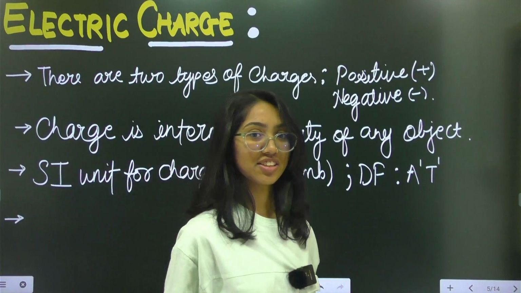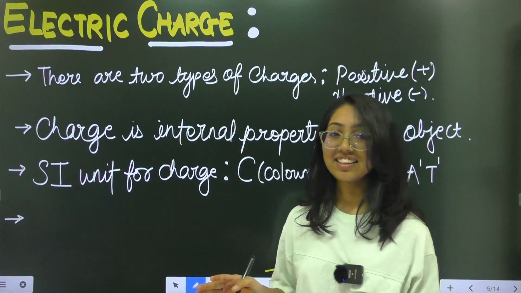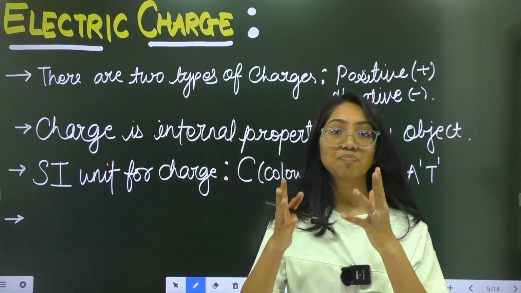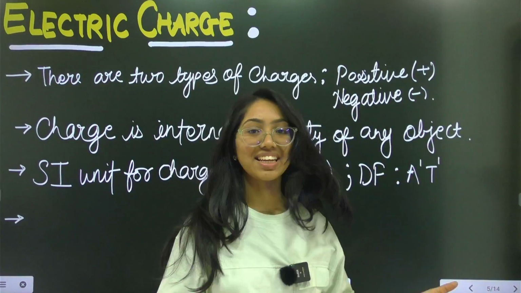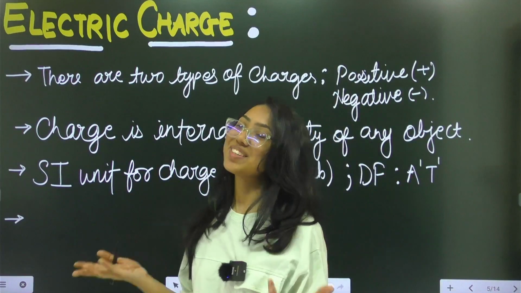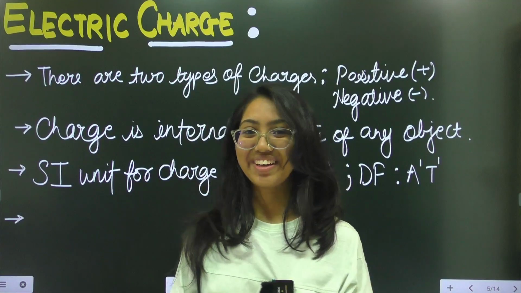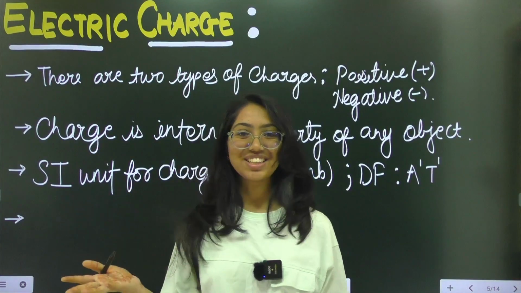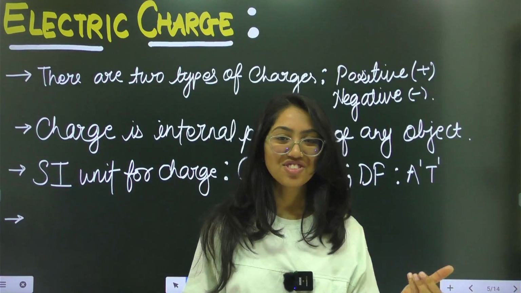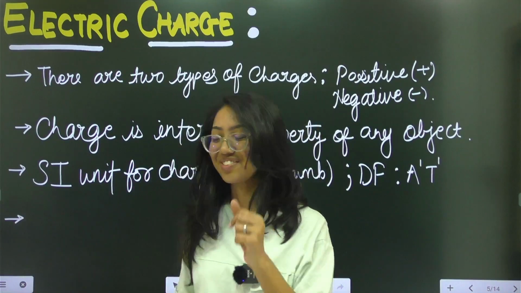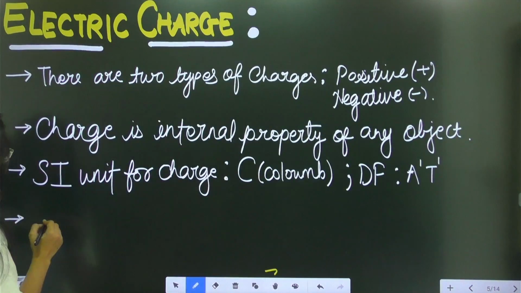And now, the charge carriers. What are the charge carriers? What are the particles that carry these positive and negative charges? Well, this is something that is most fun. It's proton and electron. Proton carries the positive charge and electron carries the negative charge. Well, we'll write that too.